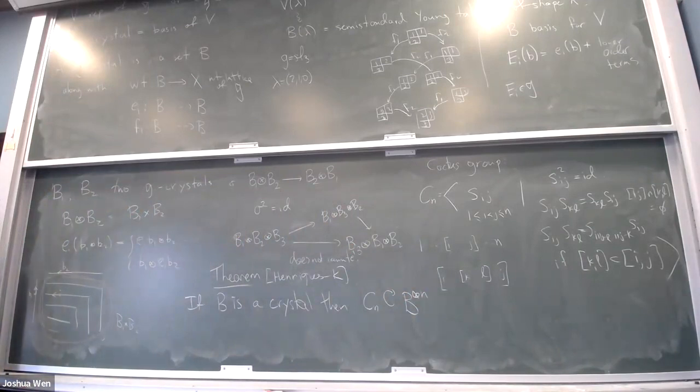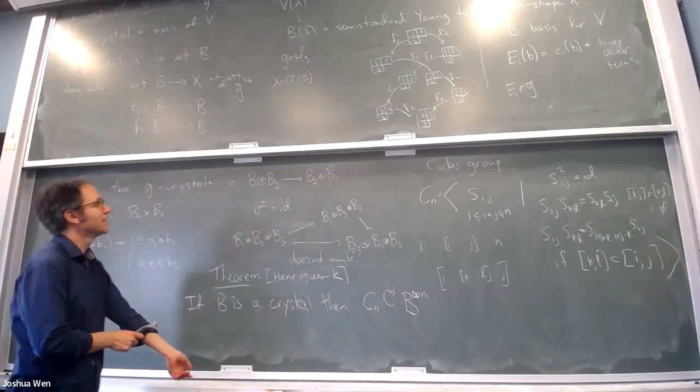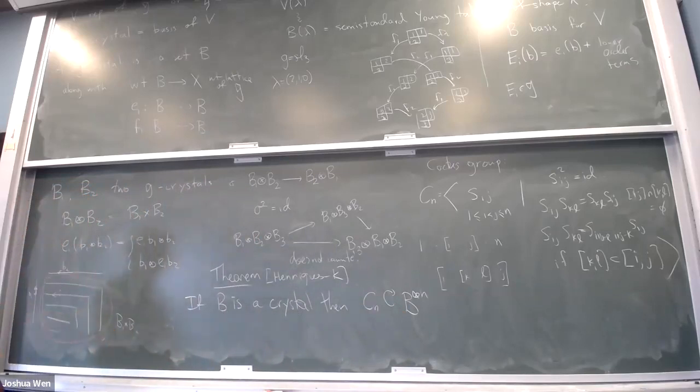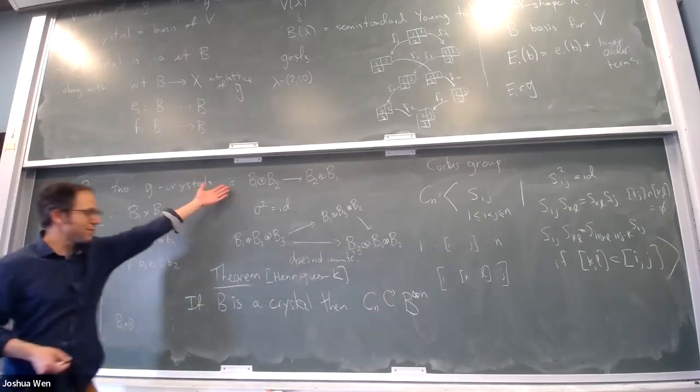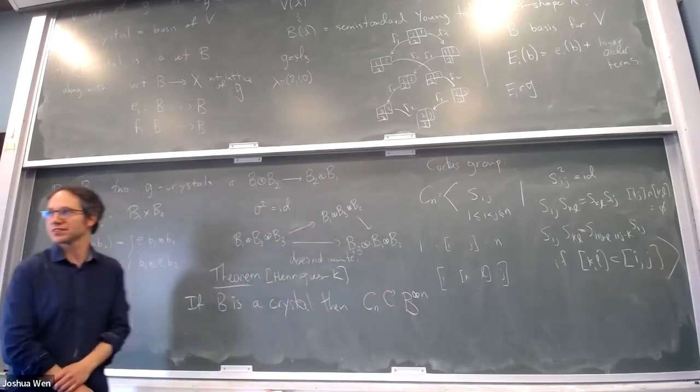And just like in the quantum group case, that isomorphism sigma we thought was an isomorphism of representations, this is an isomorphism of crystals, and this group acts by automorphisms of the crystal.